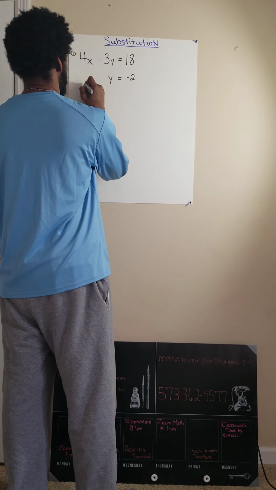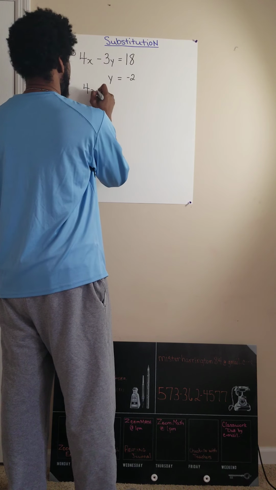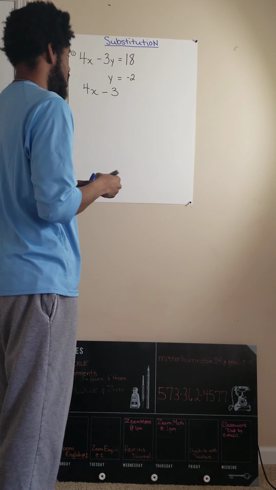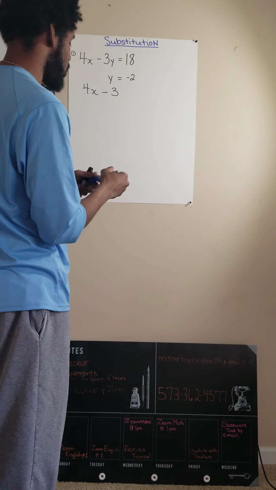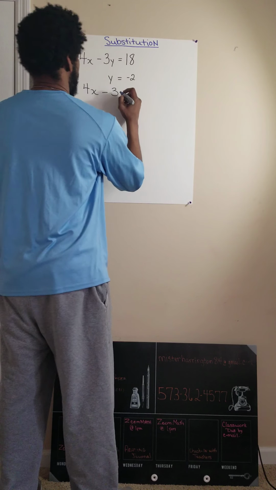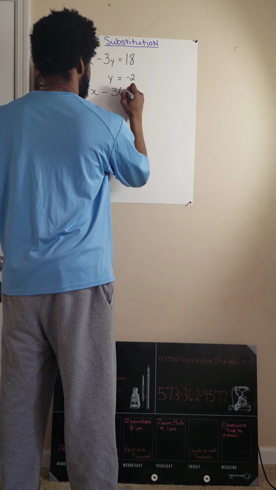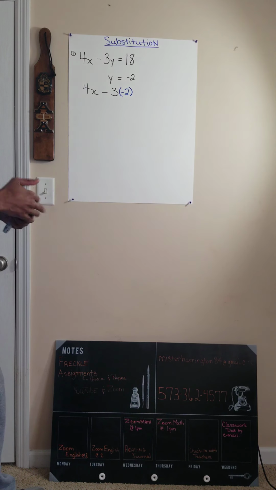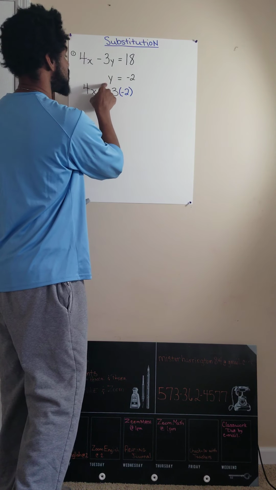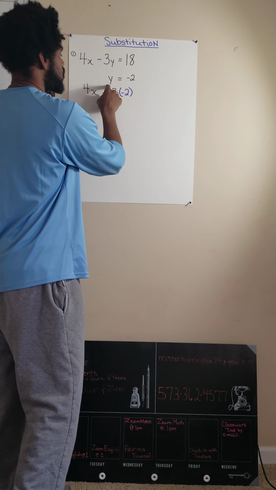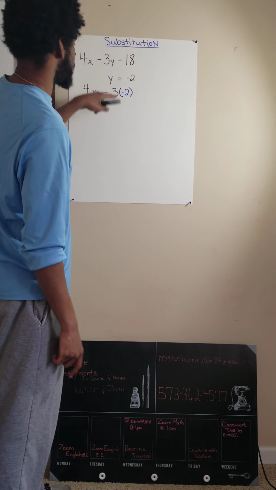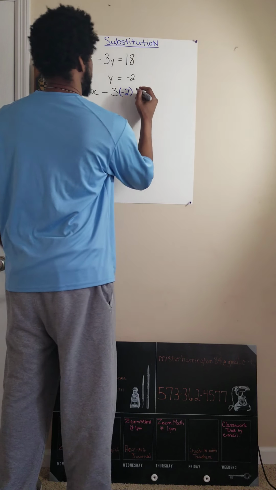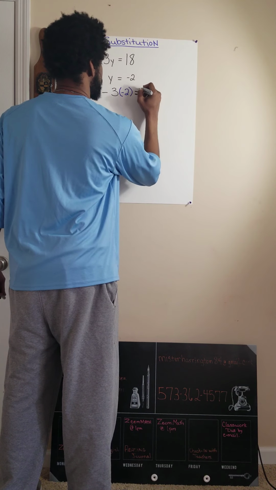So I'm going to rewrite it: 4x minus 3, and now, instead of y, because we know y equals -2, I'm going to put -2 in its place. You see what I did? I substituted -2 because that's what y equaled. So 3y is 3 times -2, and then I keep the equation the way it is. Okay?